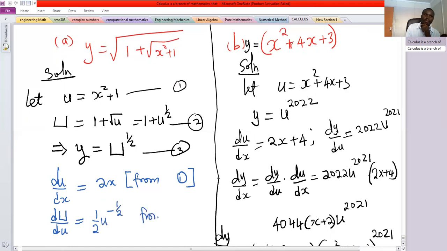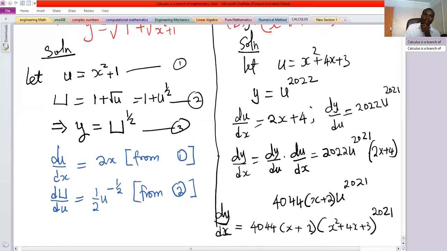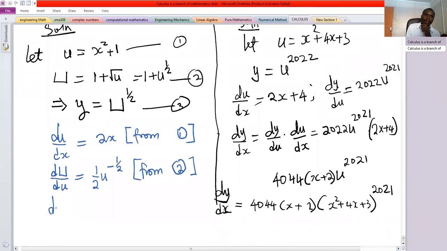This from 2. And then 3, dy dU will be a half capital U raised to power minus a half. This from 3.